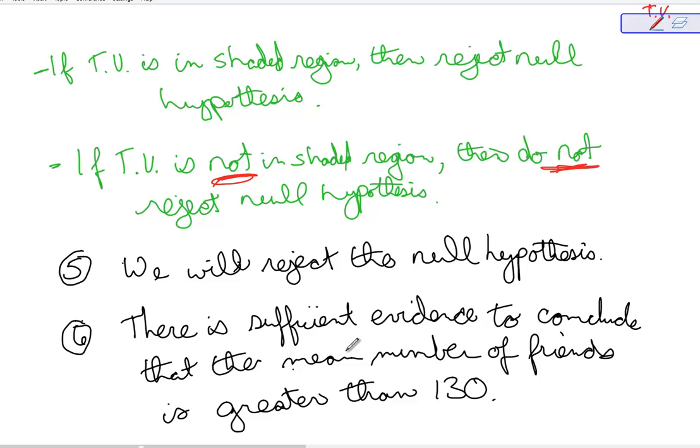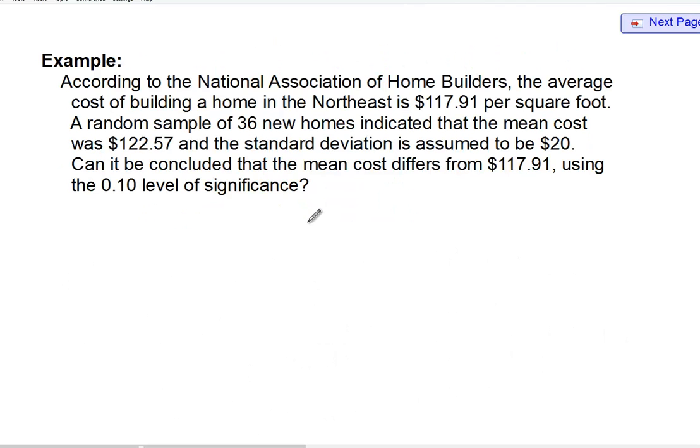Let's try another one and see how we do. So according to the National Association of Home Builders, the average cost of building a home in the Northeast is $117.91 per square foot.